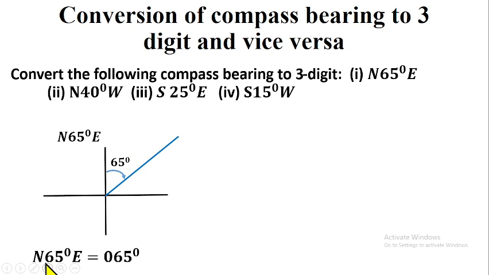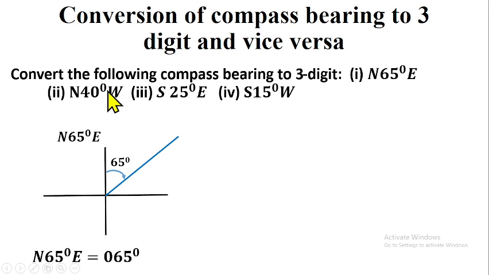So if you convert 65° northeast to 3-digit bearing, it's going to give us 065 degrees, because the origin is also north. All you need to do is to add your 0 to it, and that gives us 065 degrees in 3-digit bearing.